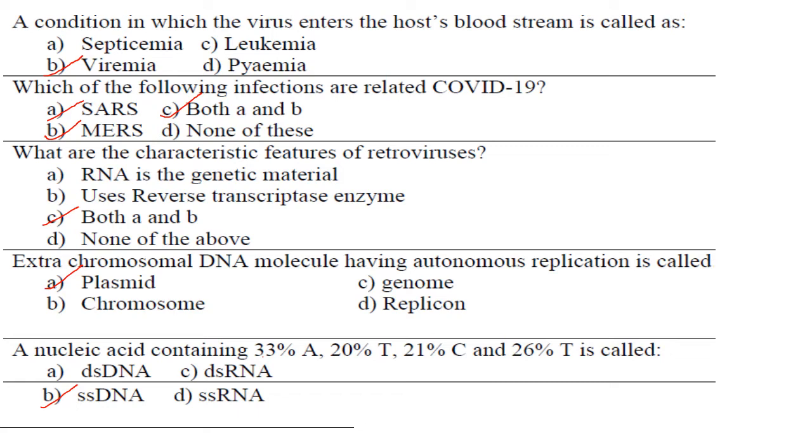Now if the number of A is not equal to number of T and number of C is not equal to number of G, and if T is present instead of U, then it is a single-stranded DNA. Answer is option B.